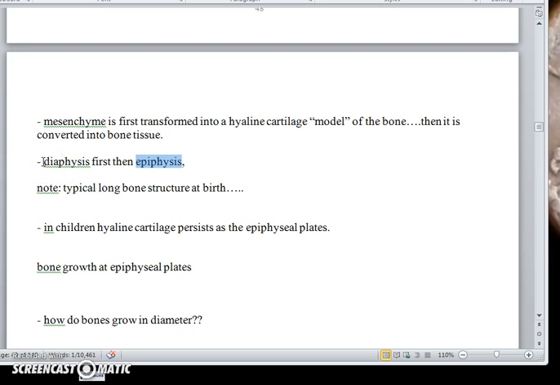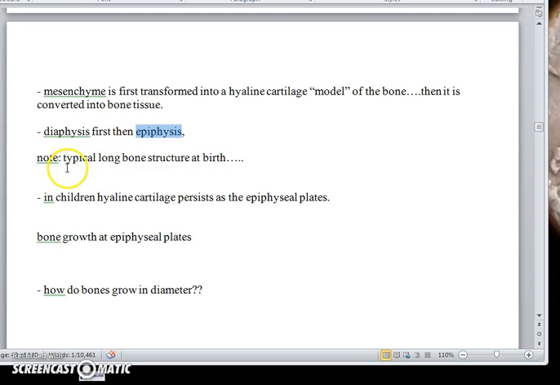If you don't remember, the diaphysis is the shaft of a long bone, and write that down if you didn't remember it. So diaphysis first. The shaft gets ossified first, and then later, remember, the epiphyses are the swollen ends. They go later. Anything else we've got right there, other than what those mean if you don't remember? No? Okay. I think that's good.